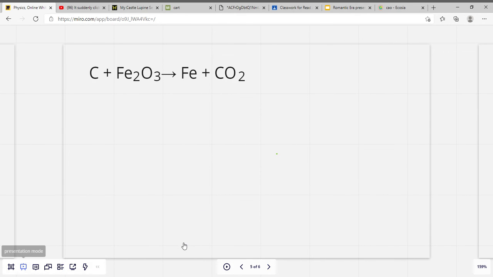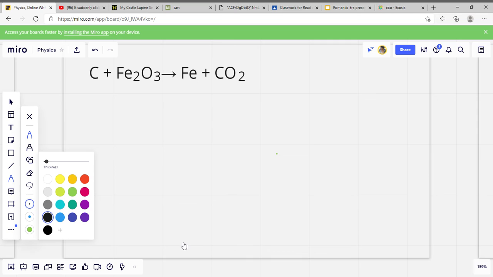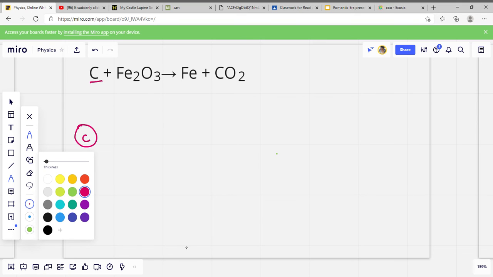All right, so this one combines 2 things and comes up with 2 things. So we've got carbon by itself, plus Fe, which is iron. I'm going to use green for that. So here's my Fe2.